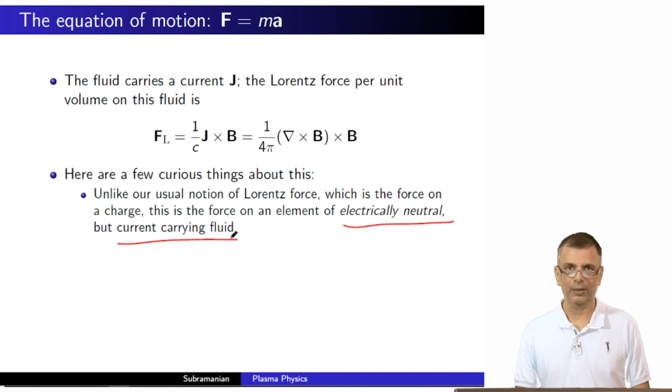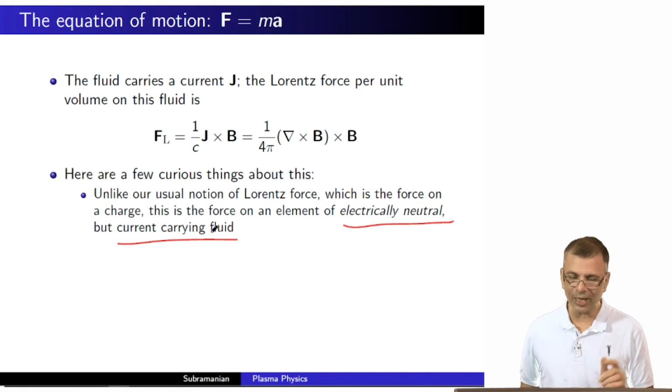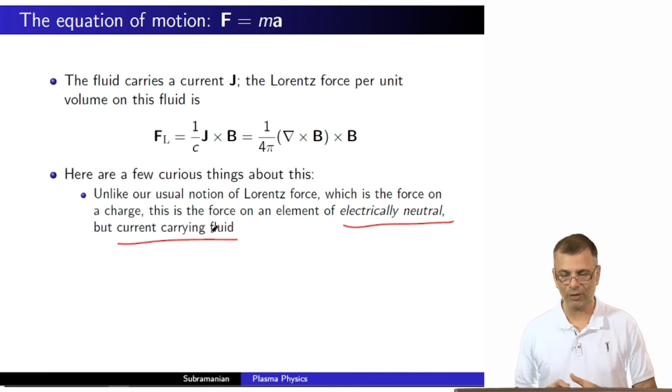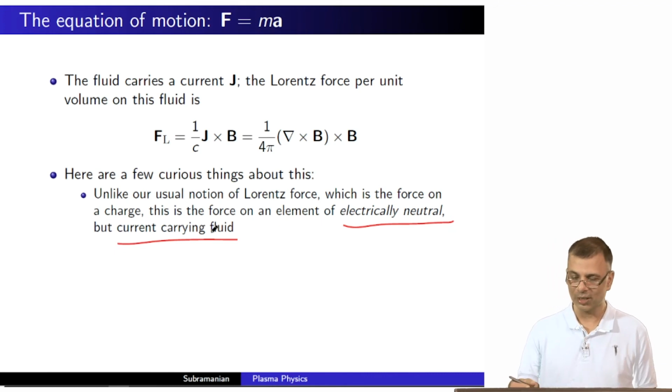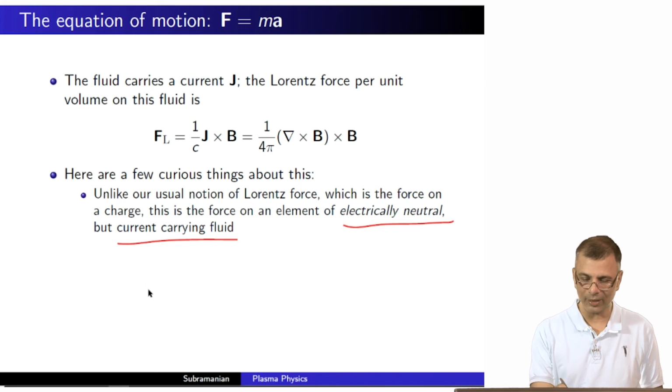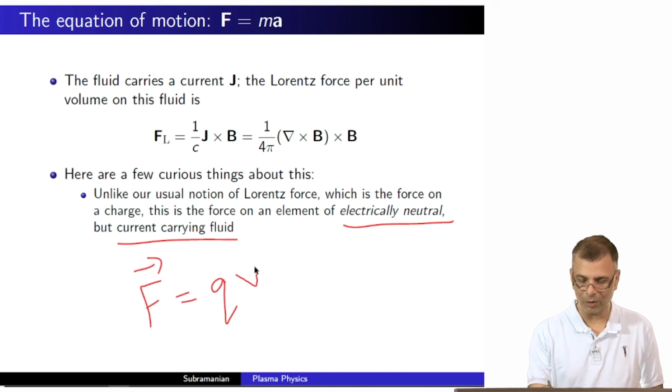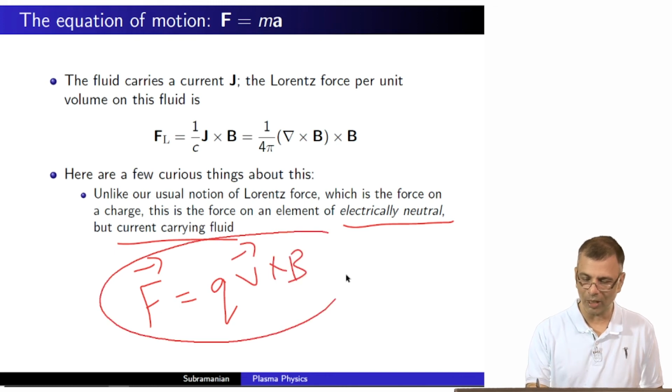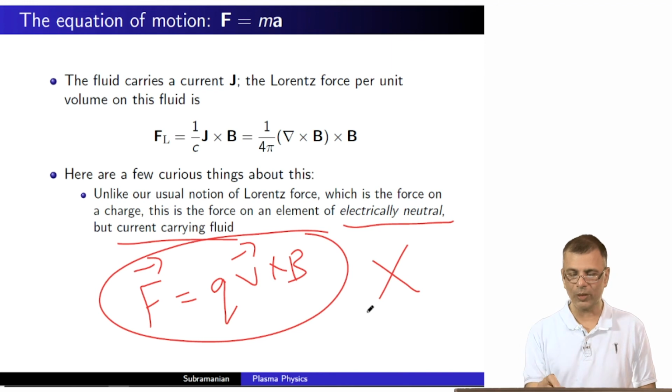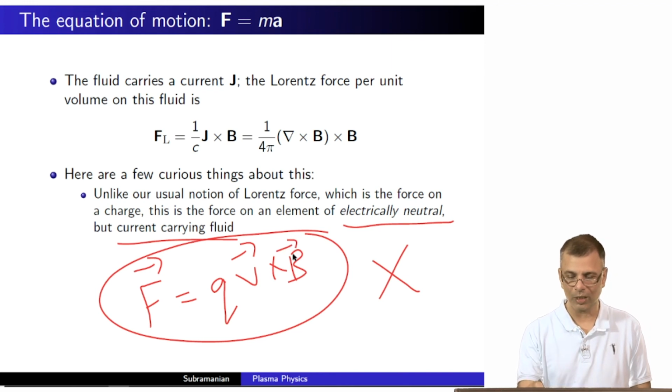Very important. So the curious thing about this Lorentz force is that unlike our usual notion, which is a force on a charge, where we normally write F equals Q V cross B, this is not how we should think of the Lorentz force in MHD. Why?